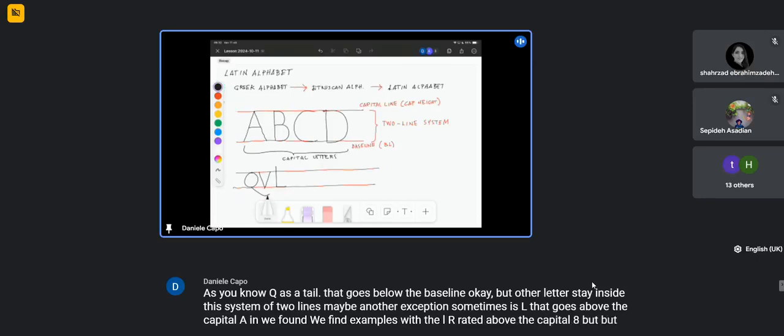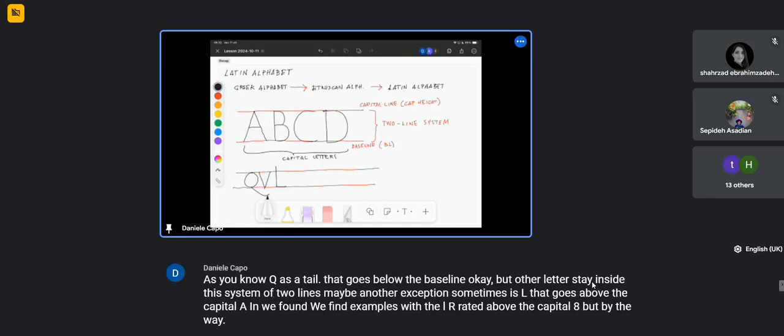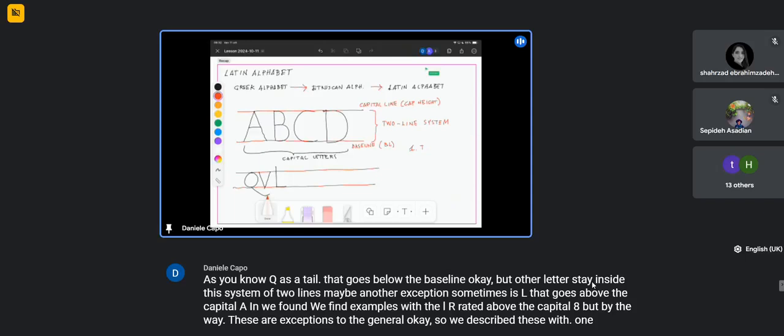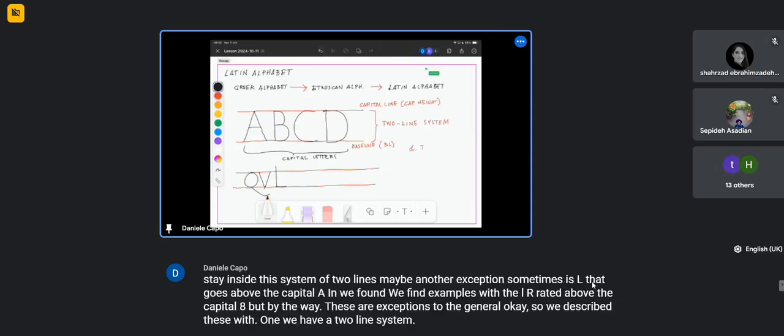But, by the way, these are exceptions to the general rule. Okay, so we describe this with one. We have a two-line system.